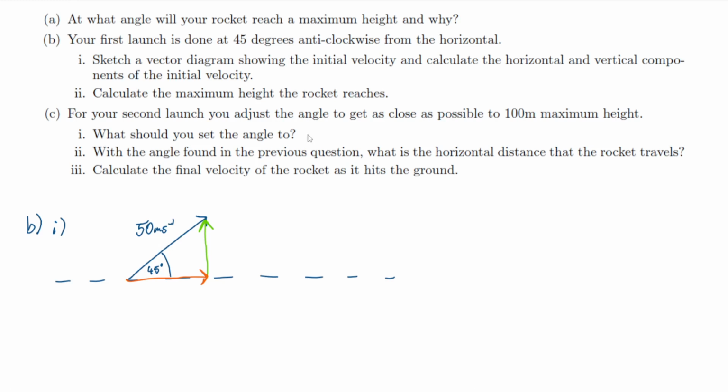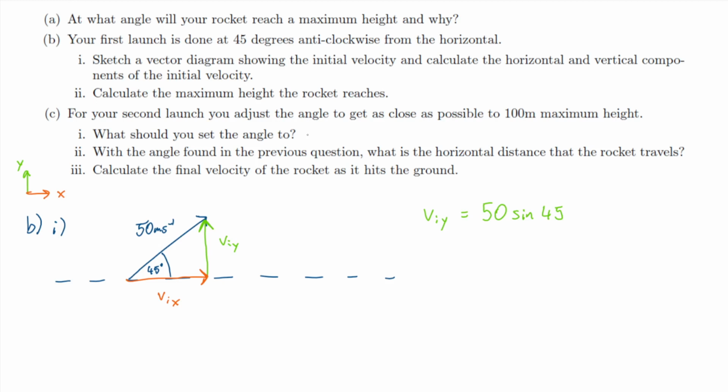I will label the vertical component Viy, for initial, but then y because it's in the y direction. And then I'll label the horizontal Vix, because it is initial velocity, but with an x, because it is in the x direction. So working out vertical velocity, Viy is equal to the resultant, 50, times sine of the angle.